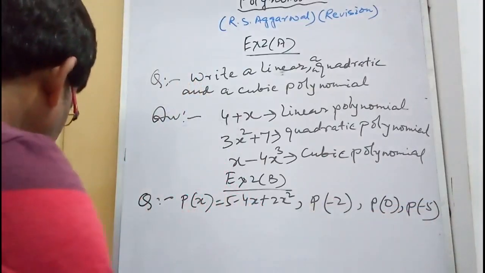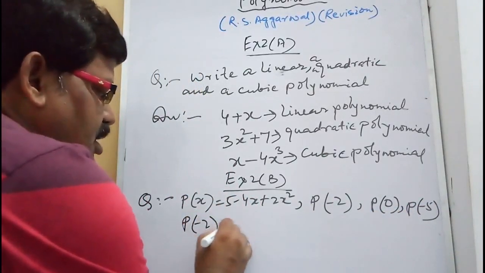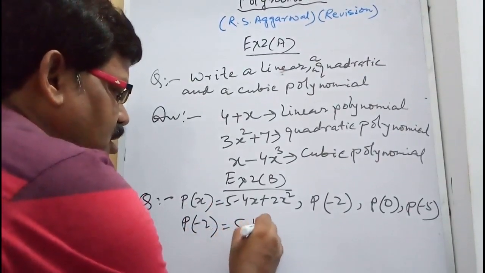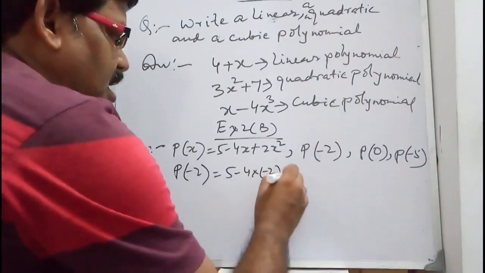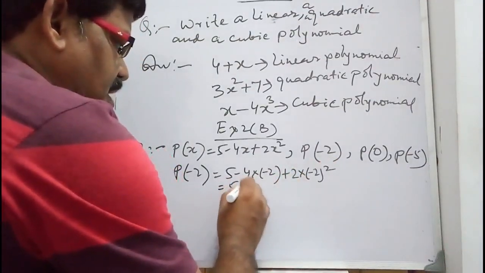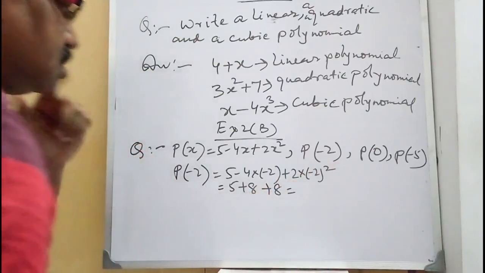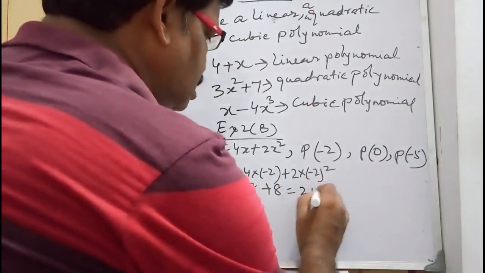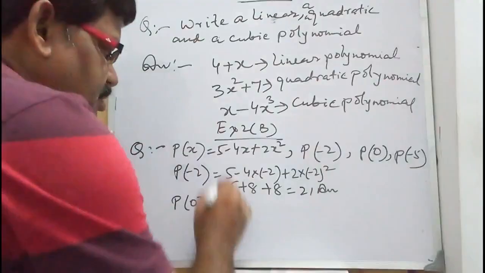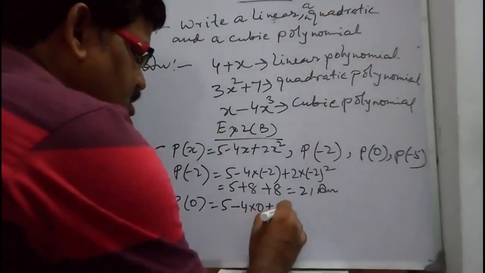So for these values, you find the value of the polynomial. So p(-2), in place of x write minus 2: 5 minus 4 into minus 2 plus 2 into minus 2 square. So 5 plus 8 plus 8, 21 answer.